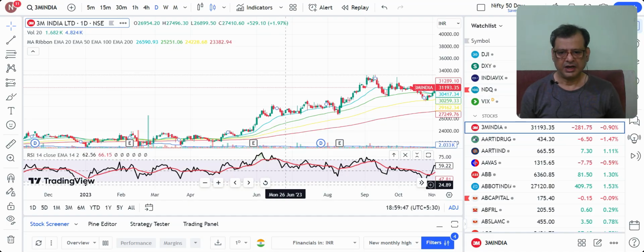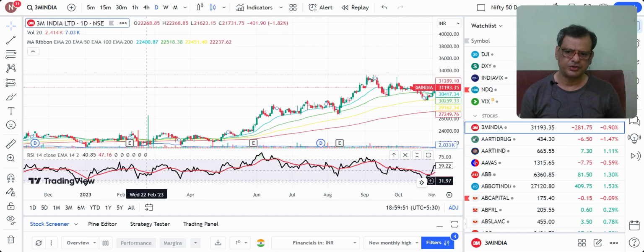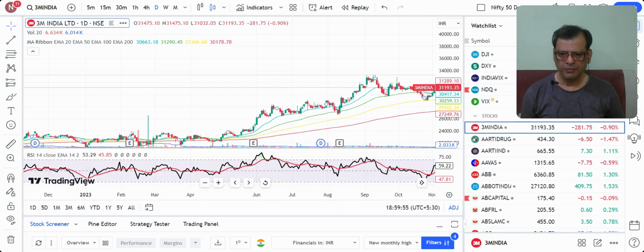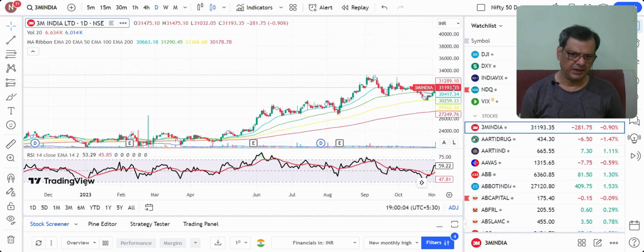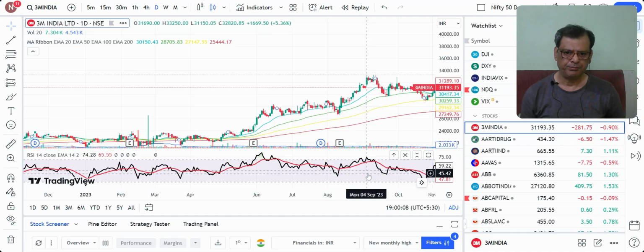So RSI will always be between 0 and 100. No matter how much the security is oversold, it will never be minus 1 or minus 0.1. No matter how much it is overbought, let the security go as high, even if this goes up to 1 lakh, right now the price is 31, if this goes up to even 3 lakhs, RSI will never be more than 100.